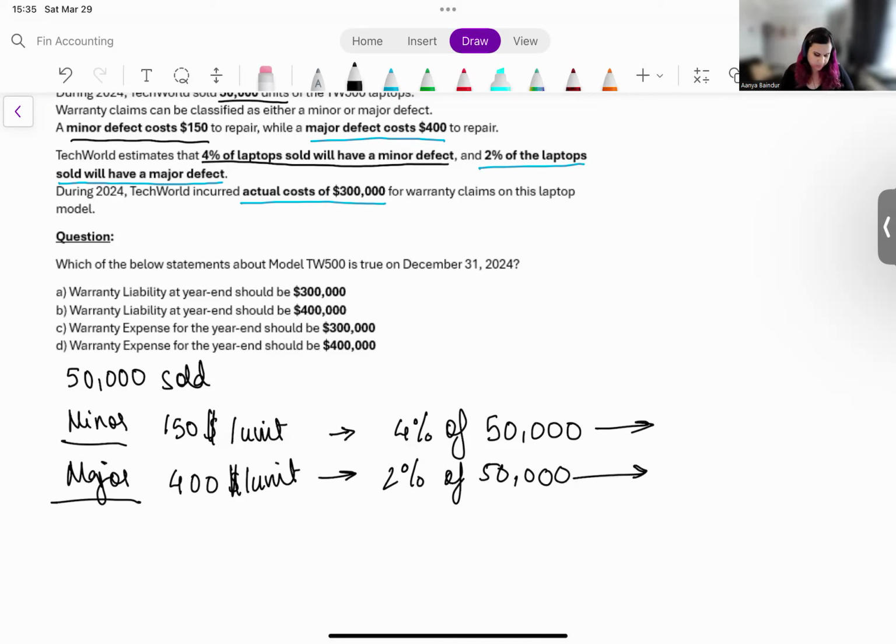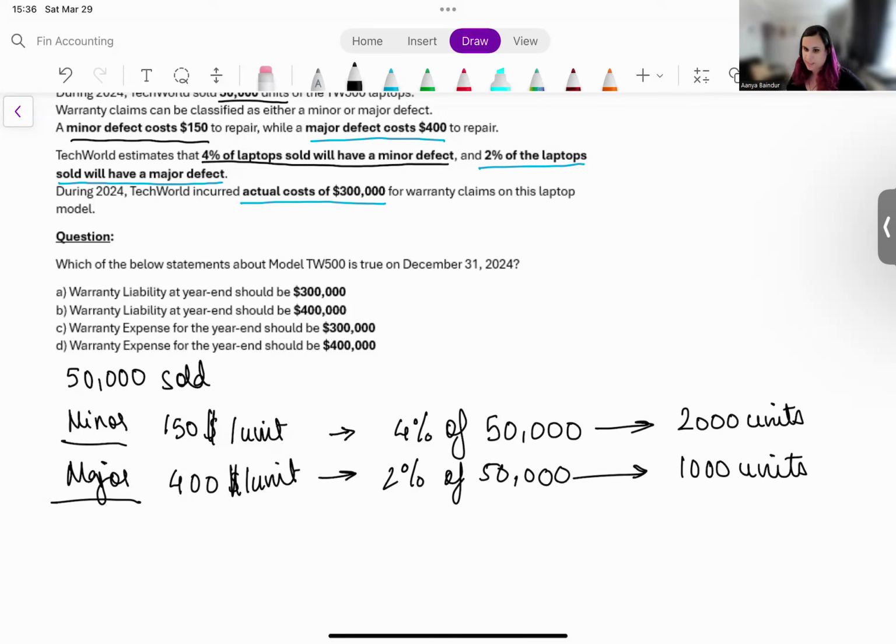4% of 50,000 comes to 2,000 units, which means 2% will come to 1,000 units, right? Perfect.